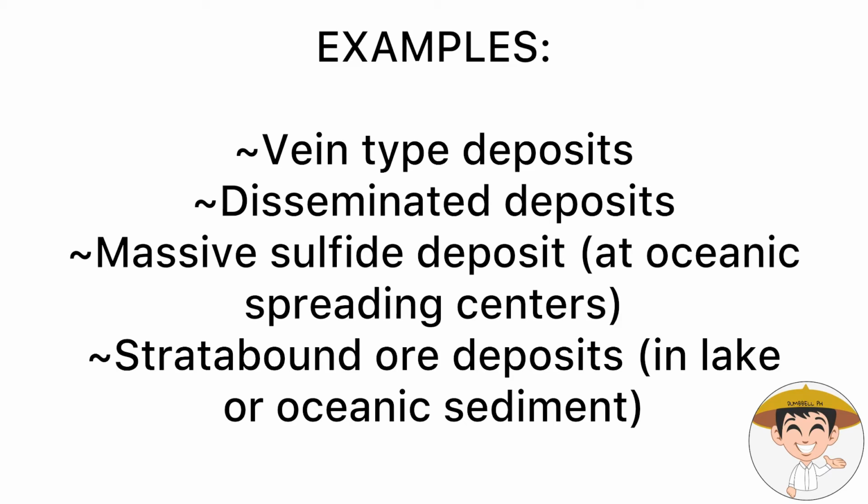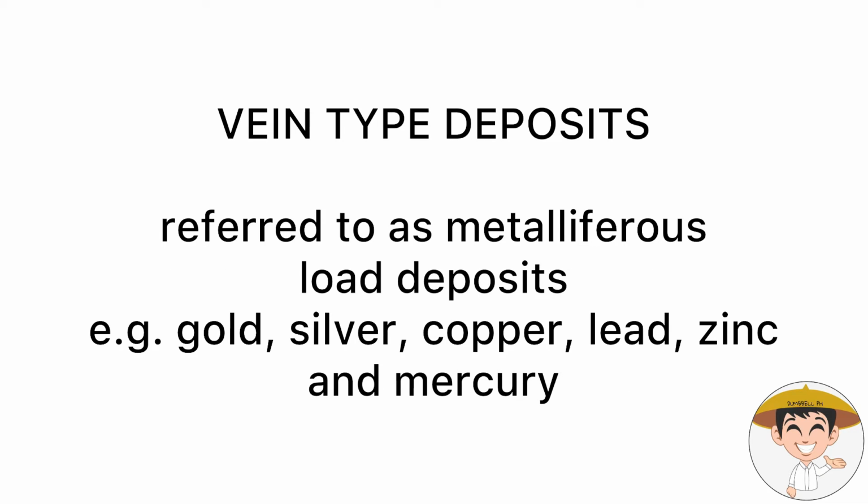So, examples, we have vein-type deposits. This is a fairly well-defined zone of mineralization, usually inclined, discordant and typically narrow. These occur in fault or fissure openings or in shear zones within the country rock, sometimes referred to as metalliferous lodes.